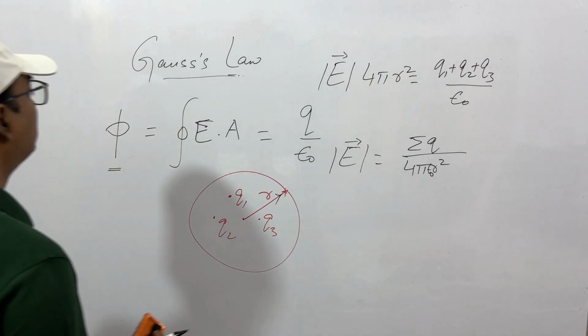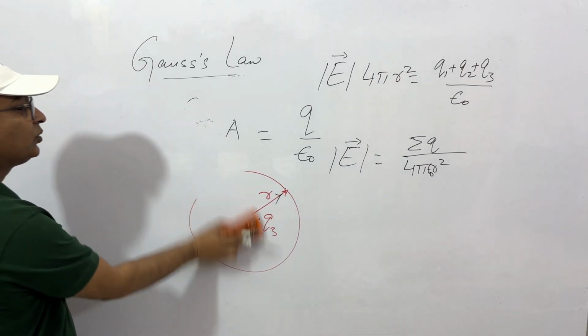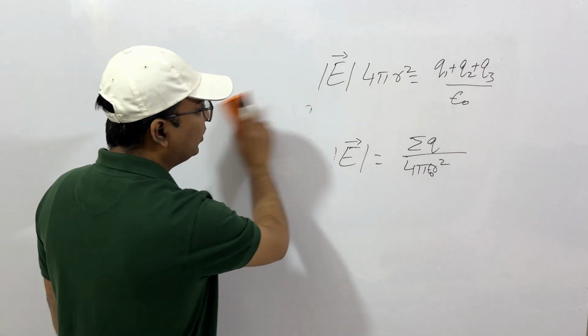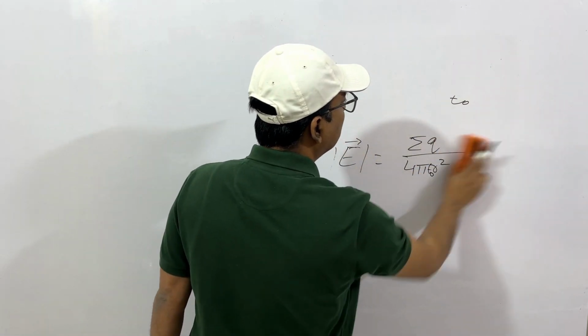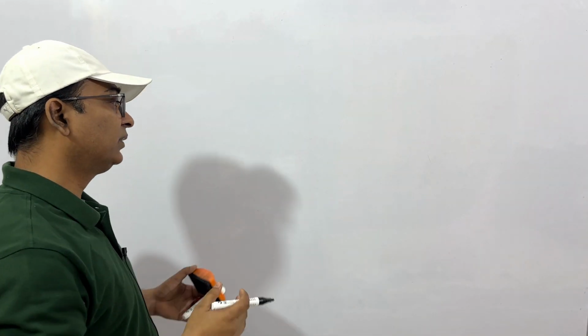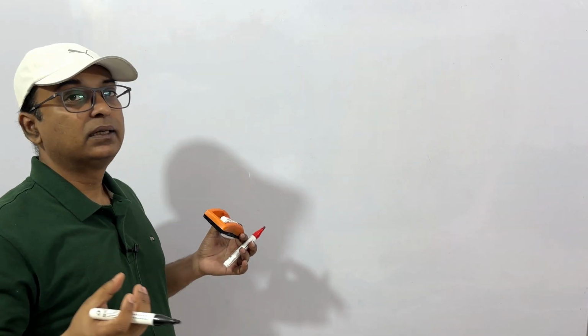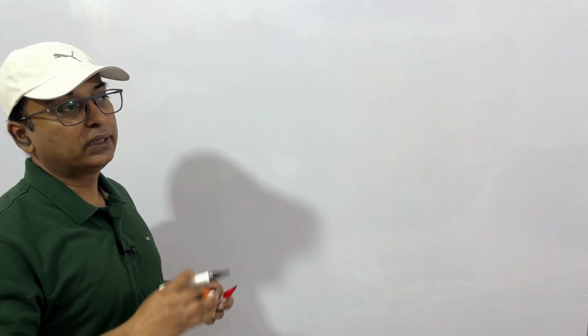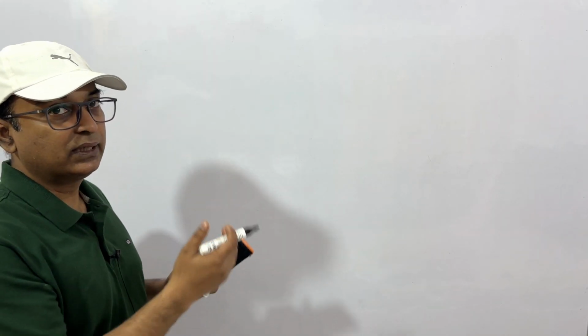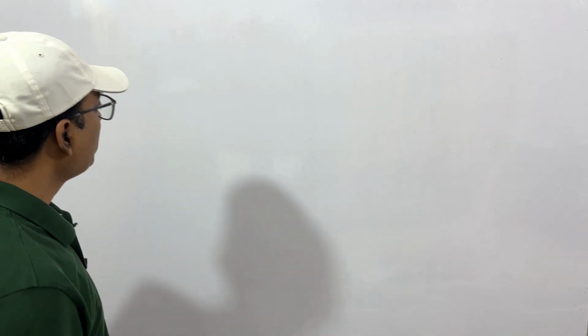This is the meaning of Gauss's law. It is a very useful law to find the electric field, and all the other variables, like potential, whatever variables depend on or are related to the electric field. First of all, you will find the electric field and then you can find the other variables.